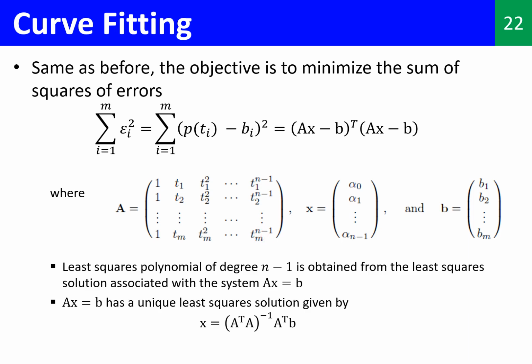Okay. Then for B, we would again have B1 until Bm, that vector, just like before. And for the x, which is the unknown, we can have alpha naught, alpha 1 up to alpha n minus 1.